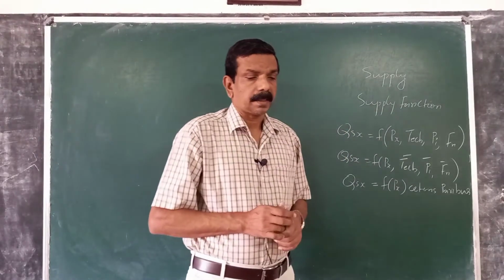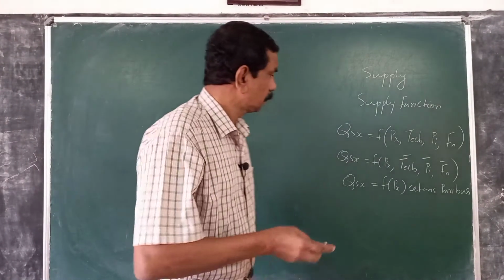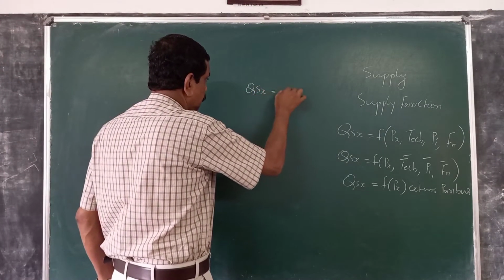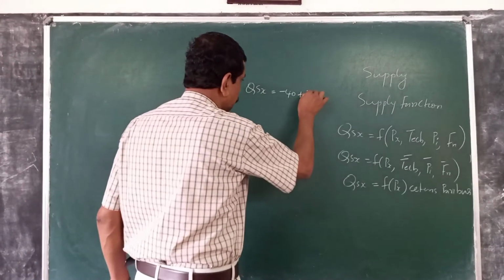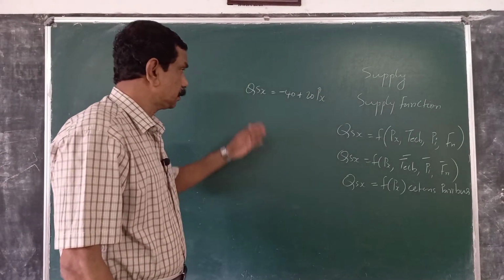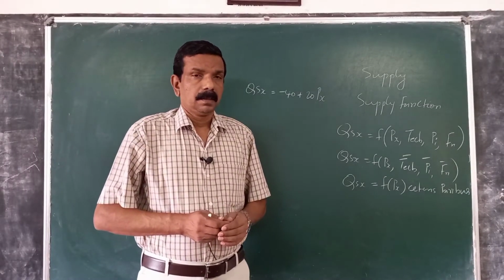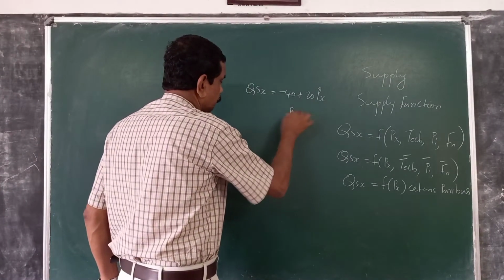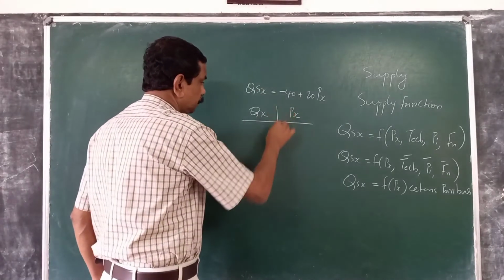Now, assuming that the supply function is linear, we write as an example Qsx equals minus 40 plus 20 Px. Now substituting the relevant prices Px, you will get the supply schedule.